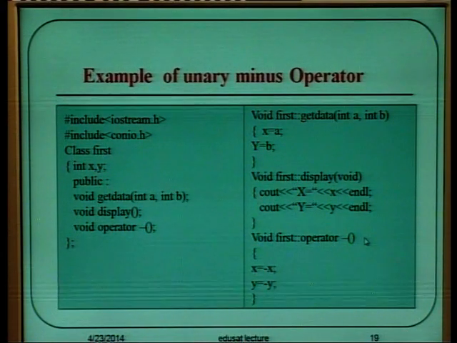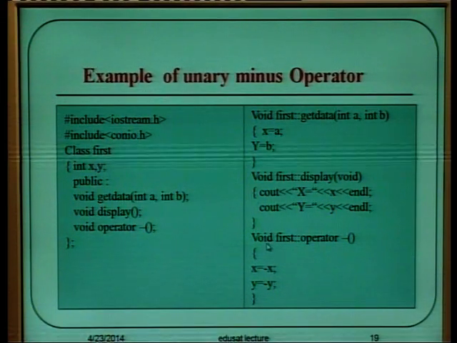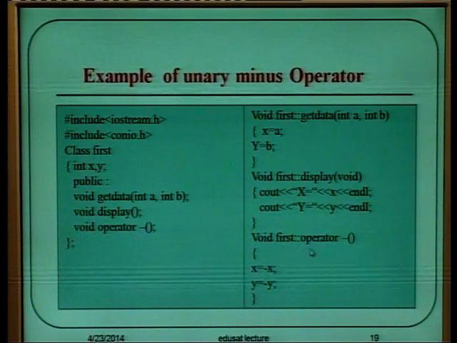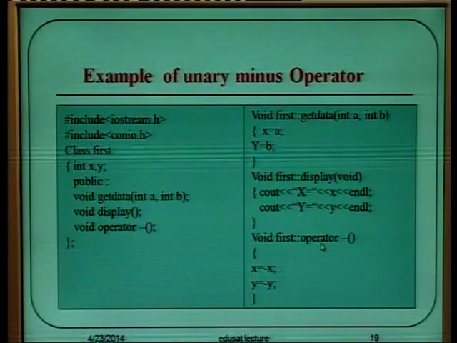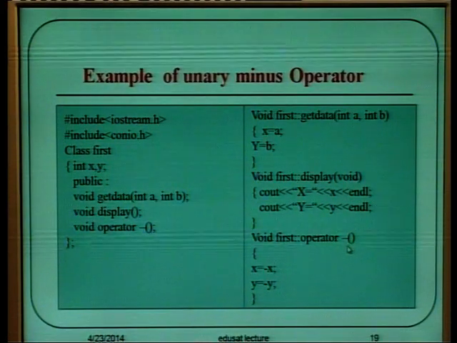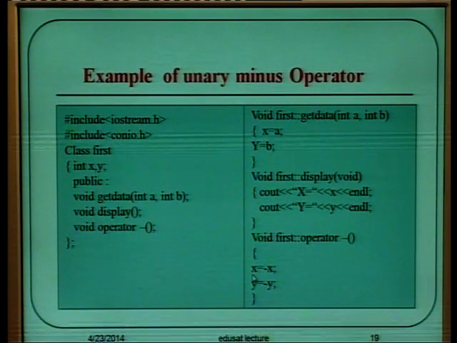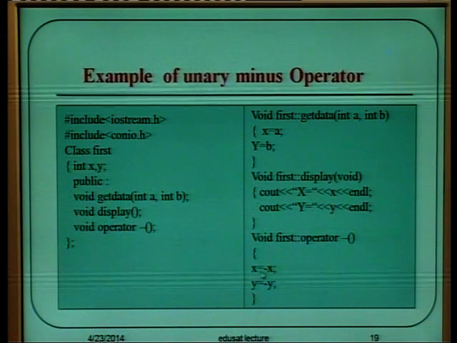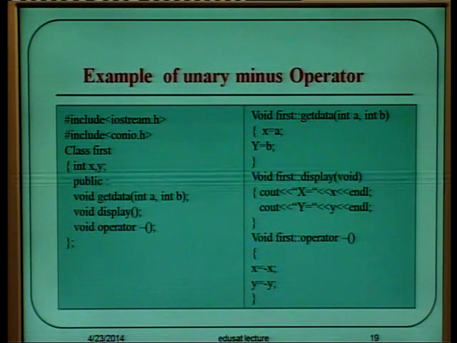Then the third function is the unary operator overloading. Here we have the return type, class name, scope resolution operator, and the operator keyword used with the unary operator. So the unary operator value is x. Suppose we get the value x is 20.